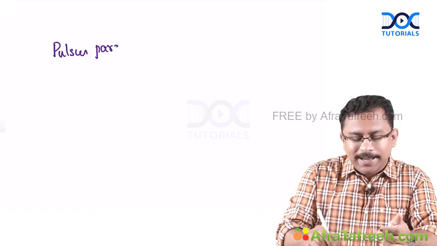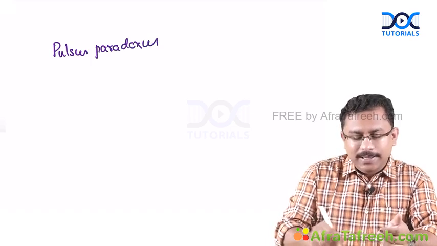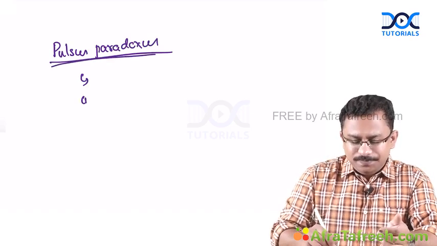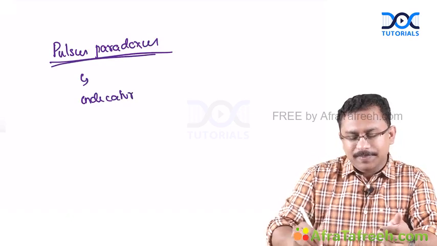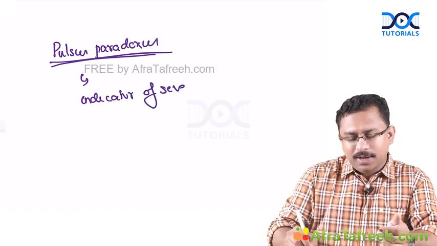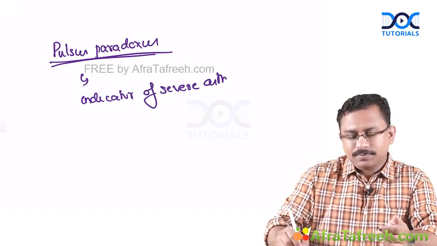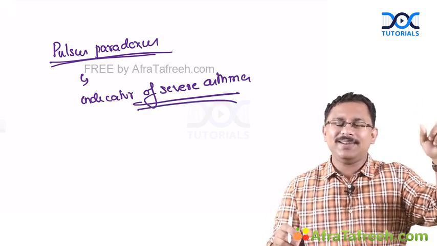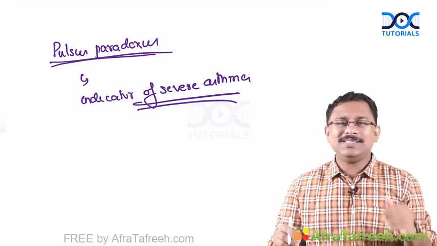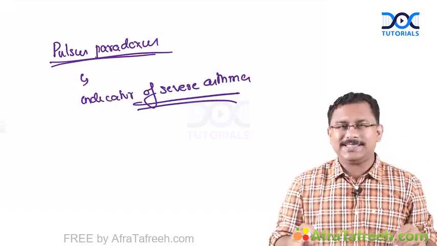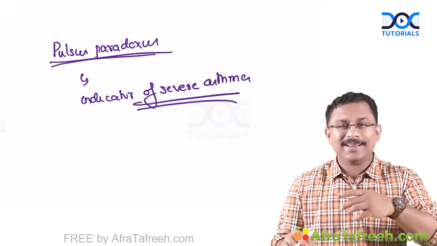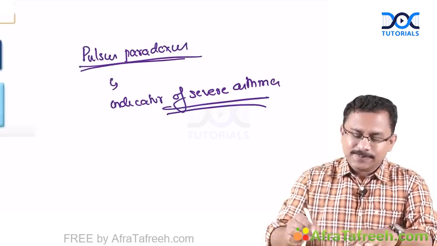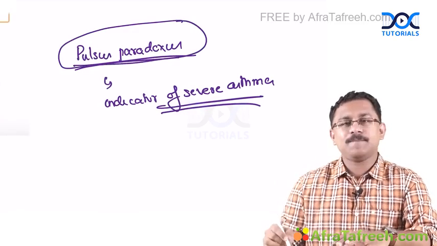Pulsus paradoxus is an indicator of severe asthma. Now this severe asthma is not the severe asthma that we learned in the terminologies. This is with respect to the acute exacerbation and categorizing into severe. So pulsus paradoxus is an indicator of severity.